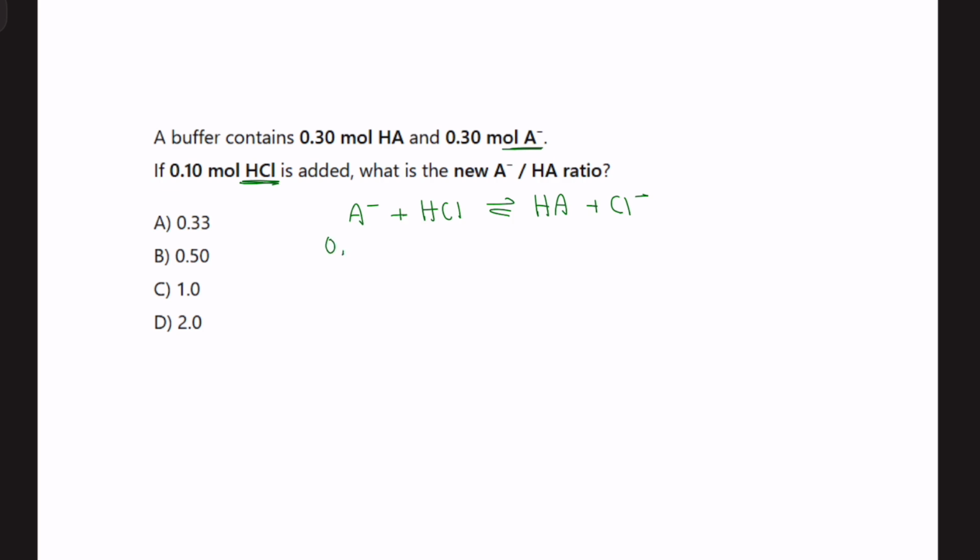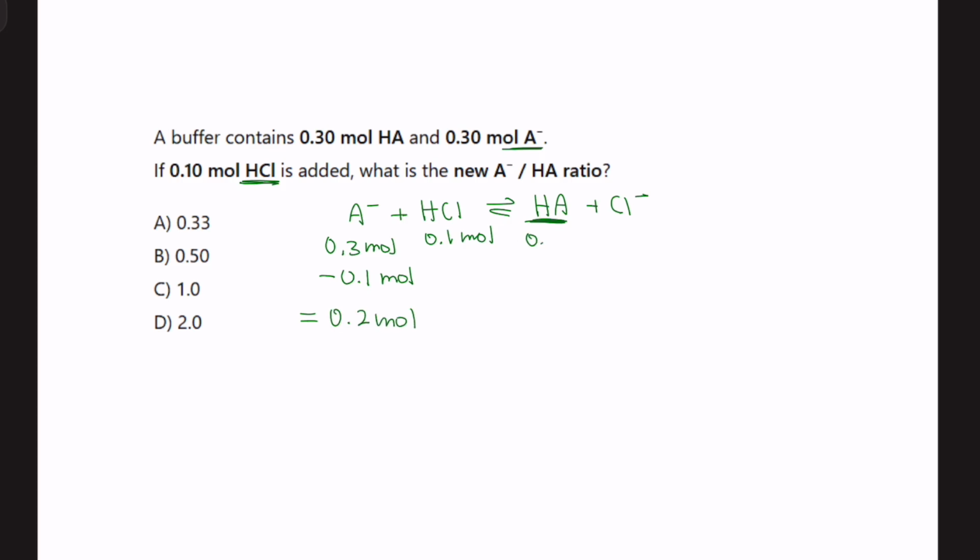And I had 0.3 moles of this before, and I added 0.1 moles of HCl. So this HCl reacts with the A minus, and it's going to reduce that amount and turn it into the acid. So if I added 0.1 moles, this is going to be subtracted by 0.1 moles. So the new amount of the base will be 0.2 moles.